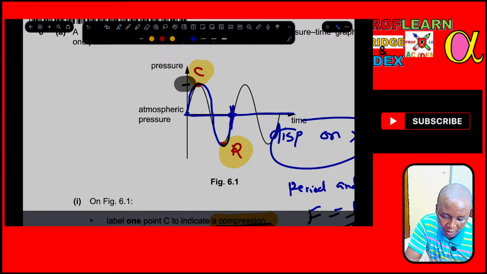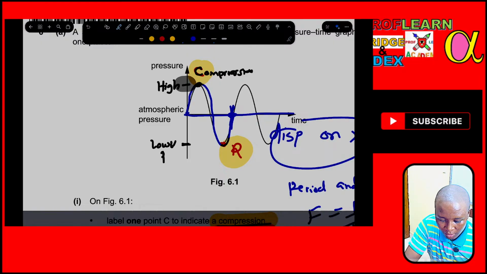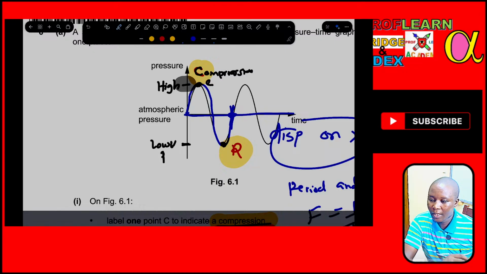So at this region here, pressure is highest, very high. So this is a region of high pressure, and that is going to be a compression. Lowest pressure is this one. This is a region of low pressure, and that becomes a rarefaction.